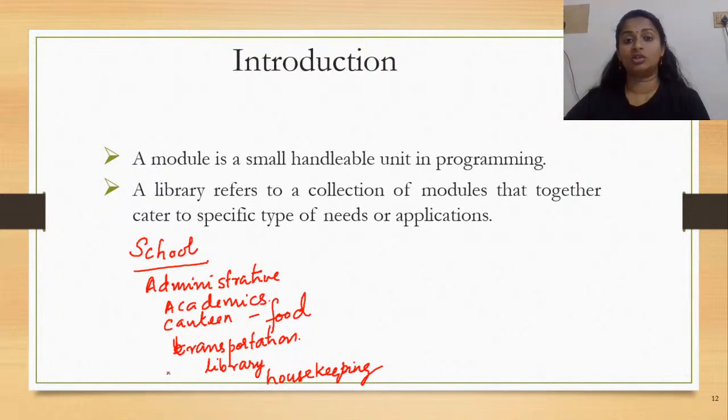The transportation or the bus facility would have the driver as well as a conductor for a bus. All these things would be managed by the transportation section. You have a library wherein you have the librarian and a set of books for the students of the school to come and lend. They have a separate system of working. We have cleaning staff who come under the housekeeping section.